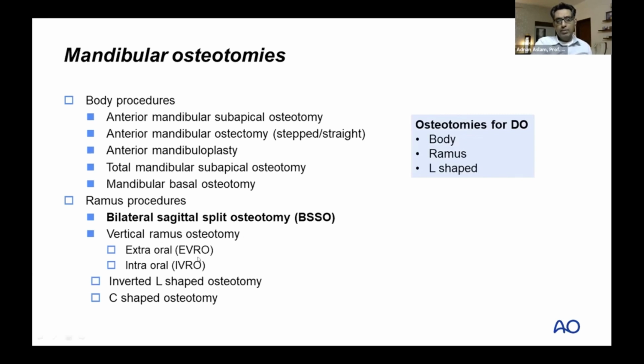Obviously ramus procedures are more popular because they move the whole occlusal table to the desired position wherever you have to. And basically segmental osteotomies, like in the maxilla, have not become very popular in the mandible because most of the time the occlusal plane is corrected with orthodontics, and then you can reposition the whole occlusal table to the right position.